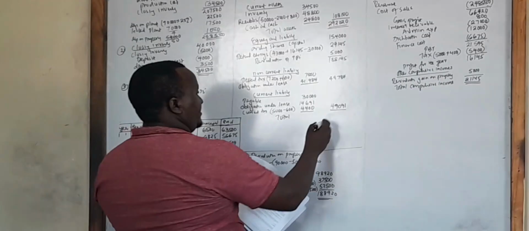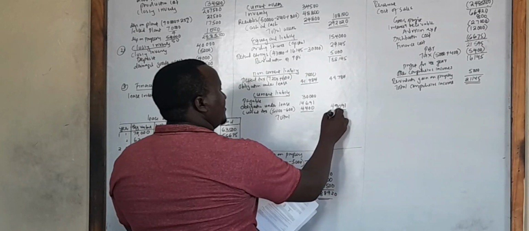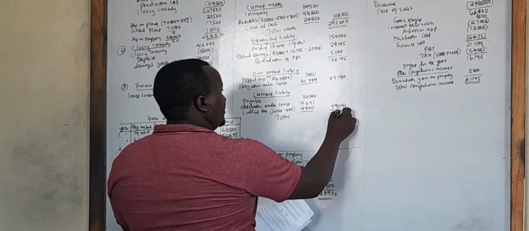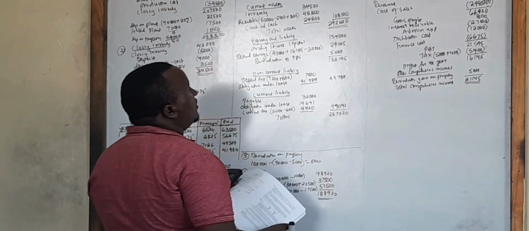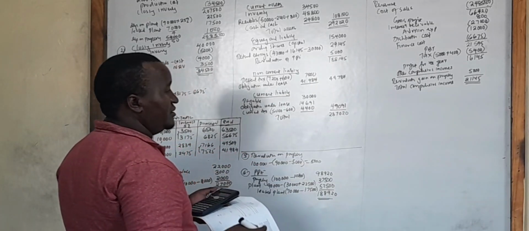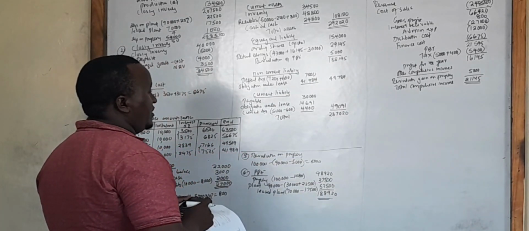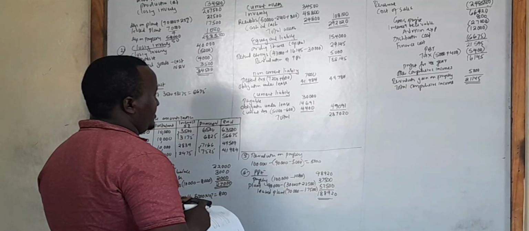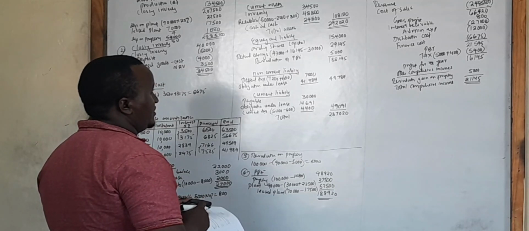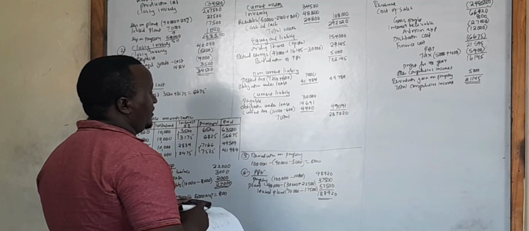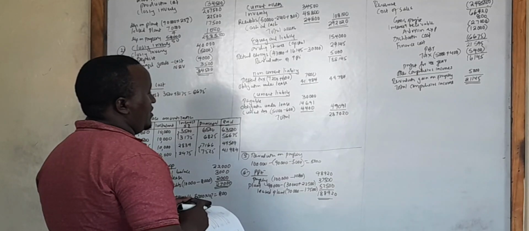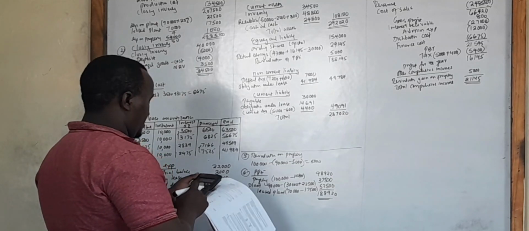And then it should give you 27... We're getting 27,020, and a difference of?